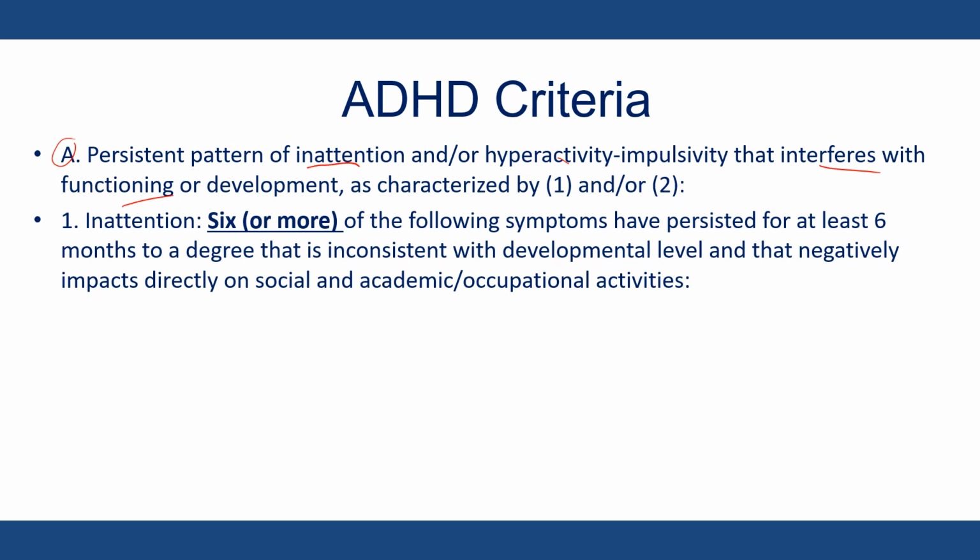Number one is inattention. Now, with A1, which is inattention, you have 9 criteria, and you have to have at least 6, minimum 6 or more out of those 9. And symptoms must be present for at least 6 months.